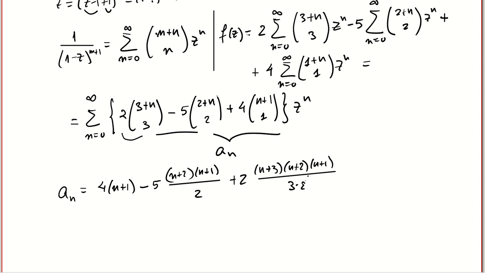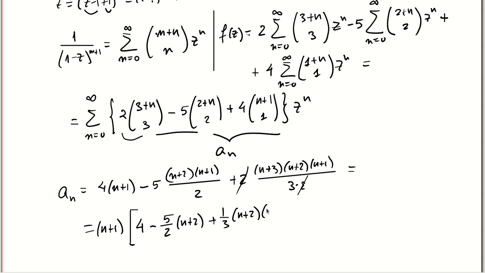Well, the 2 of course cancels in this case, right? And you see what we have here. We can factor out n plus 1, right? n plus 1 is common to the three terms. So what we have is 4 minus 5/2 times (n plus 2) plus 1/3 (n plus 2)(n plus 3).